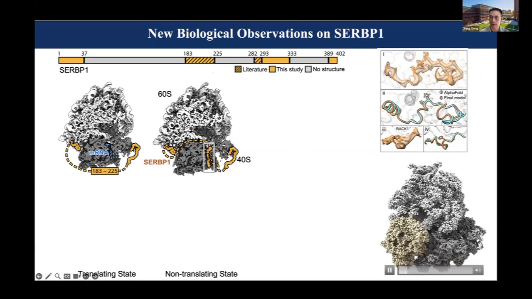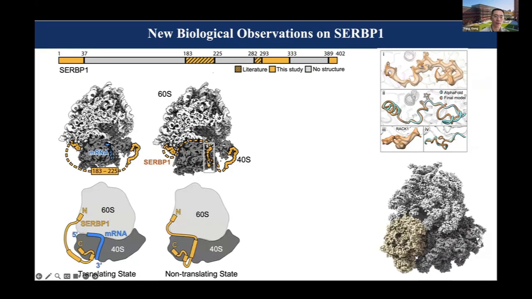We can know how the head and body domain of the small subunit rotate to let mRNA or this mid region of SERBP1 in and out of the mRNA binding channel. Basically, we have a model of how this general regulator of translation always stays on the ribosome, in and out of the mRNA entry channel, to regulate the needs of translation.